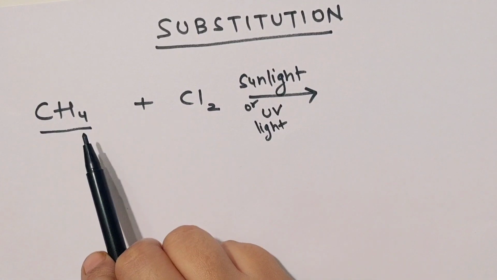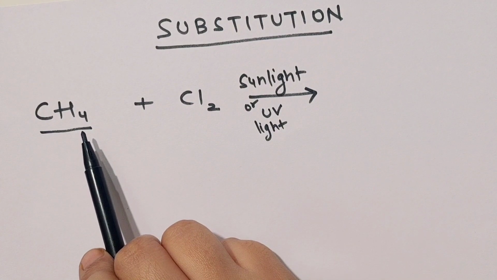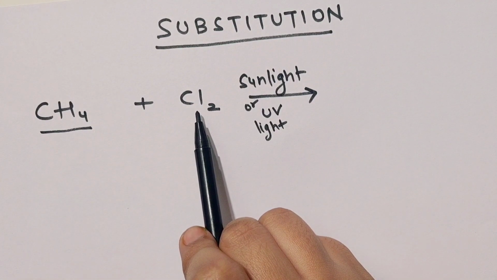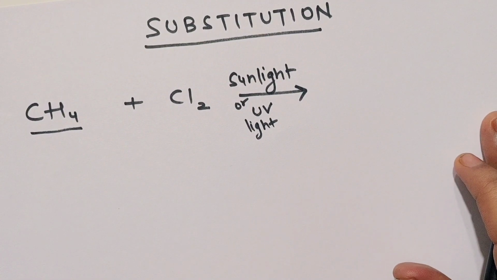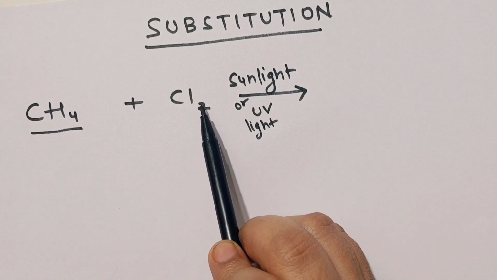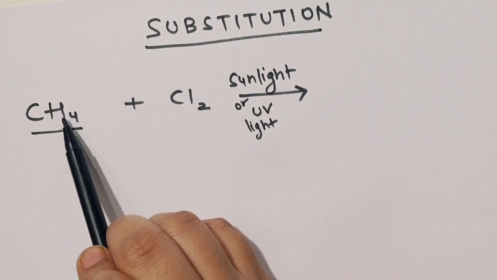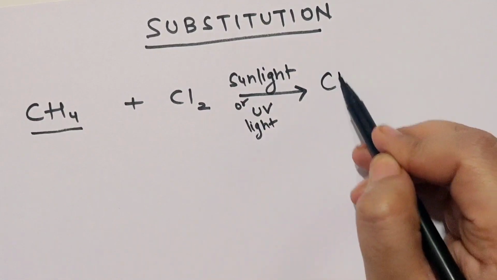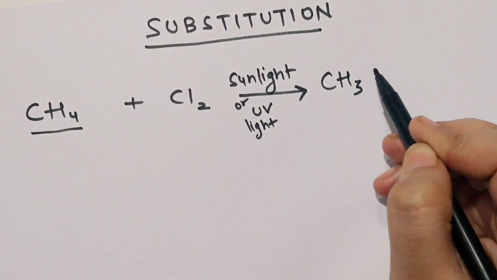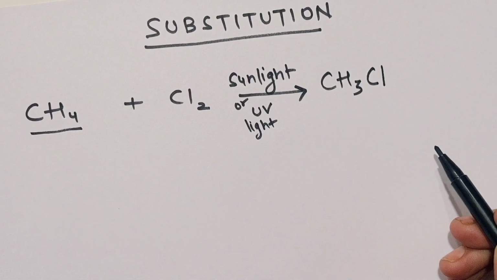So when methane, the saturated hydrocarbon here, combines with chlorine in presence of sunlight or UV light, what happens is one of the hydrogens gets substituted with one of the chlorines, right? So one of the hydrogens is replaced with one of the chlorines.